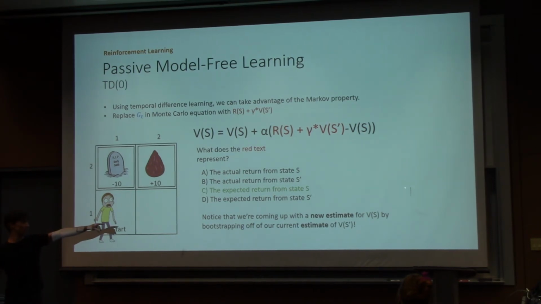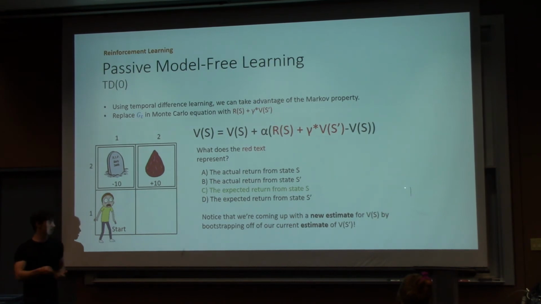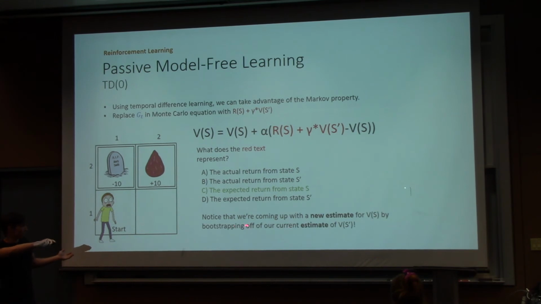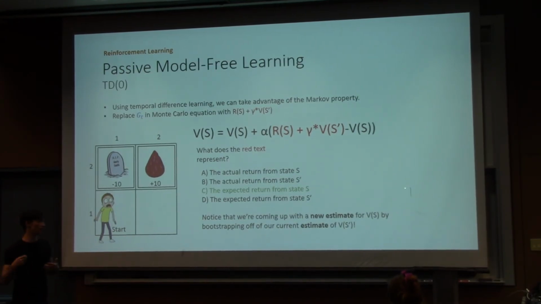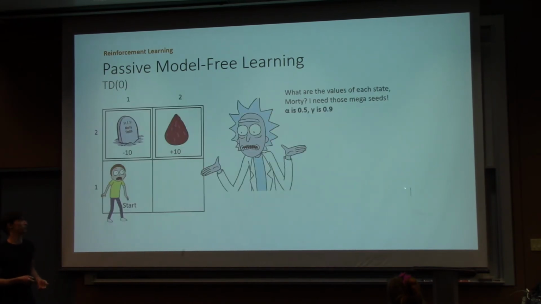So notice now that we're coming up with a new estimate, V of S, by bootstrapping off of our current estimate of V of S prime, which is incredible because we end up starting V of S with any arbitrary values that we want, and then we're able to use those guesses to come up with a correct answer.